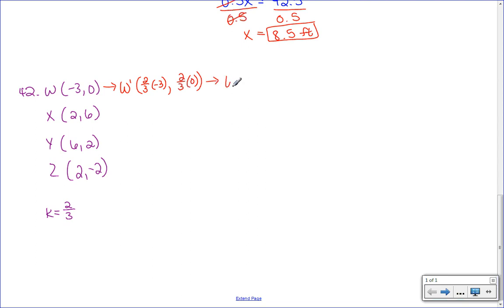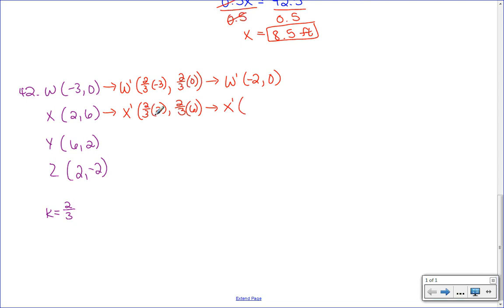That will give us coordinates of -2, and 0. We'll do the same thing for X. To get the coordinates of X prime, we'll do 2/3 times 2, and 2/3 times 6.